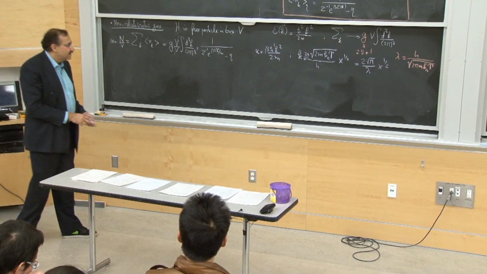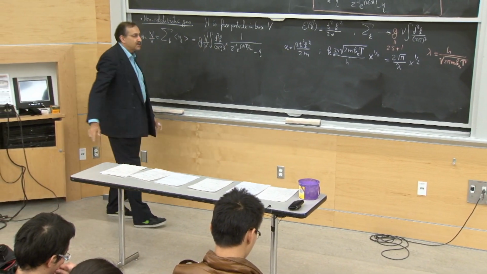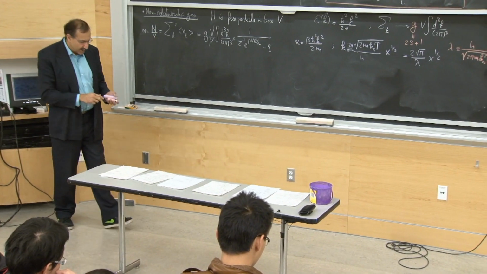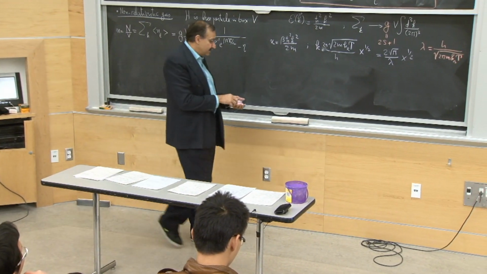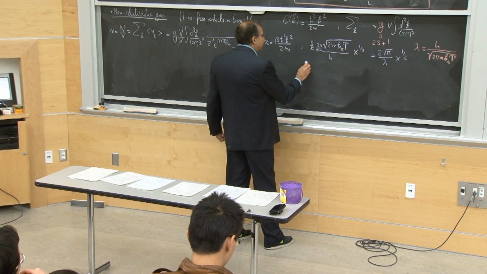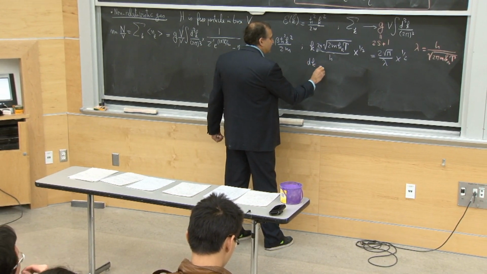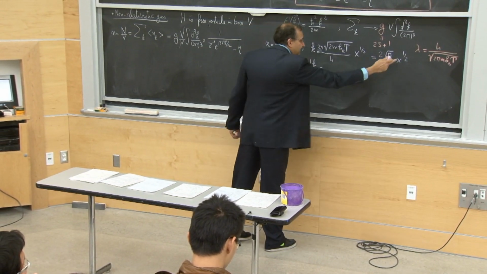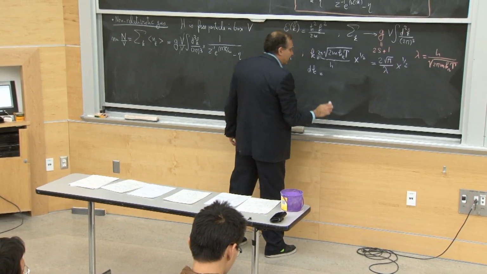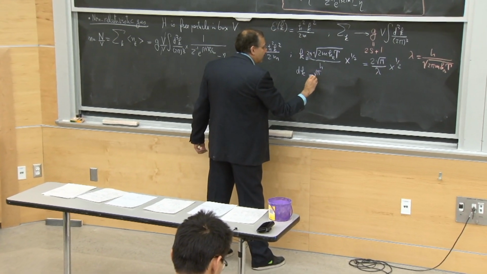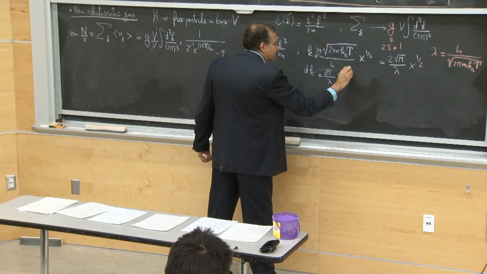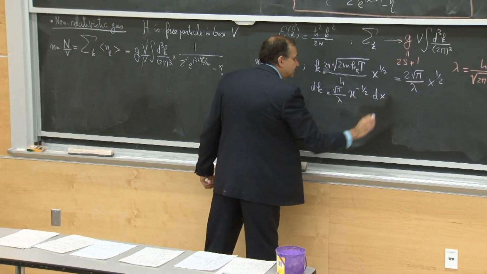In fact, for the integration, I also have to make a change in dk. So I note that dk, if I take a derivative here, I will get x to the 1/2 becomes x to the minus 1/2, root pi over lambda x to the minus 1/2 dx.